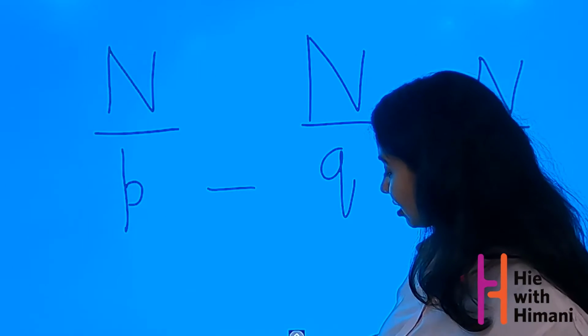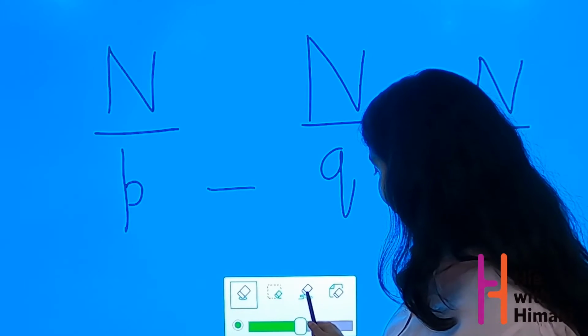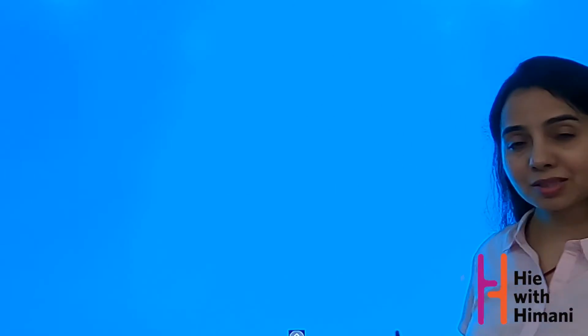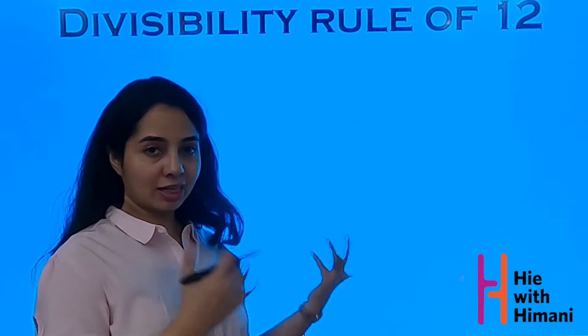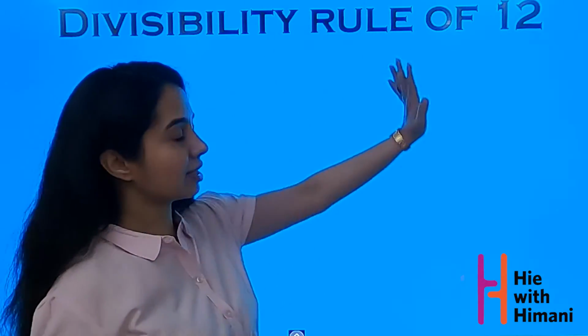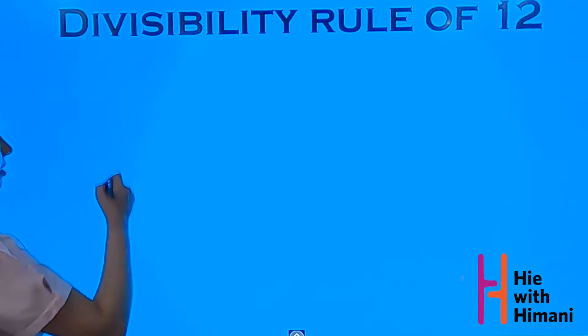Let's understand this with an example. Suppose, let's take the divisibility rule of 12. With this, we'll understand that logic and also the divisibility rule of 12. Suppose there is a number n.